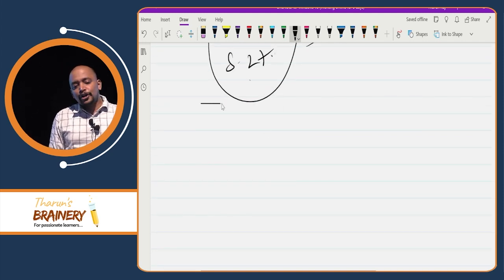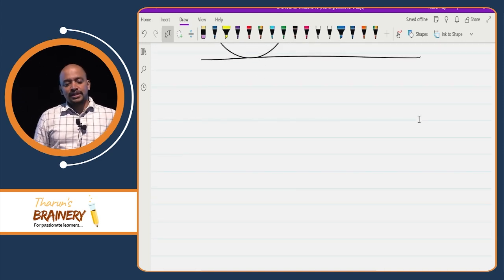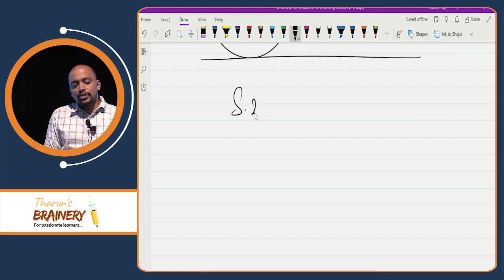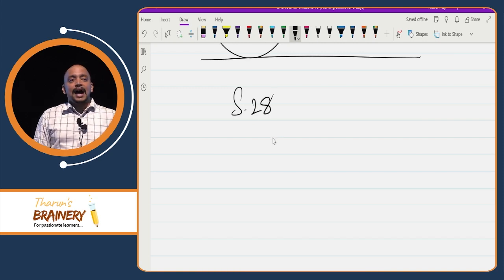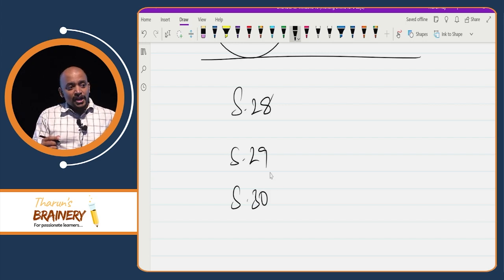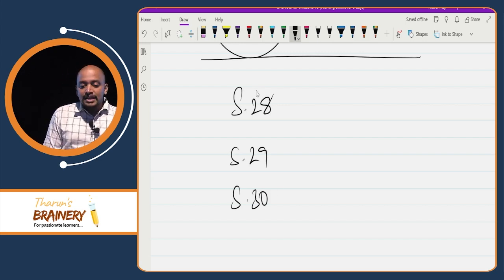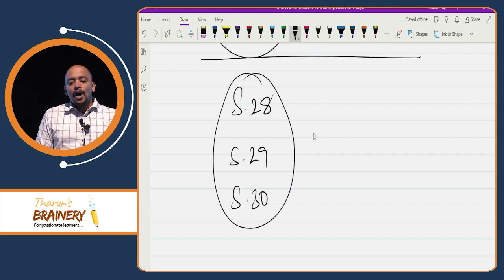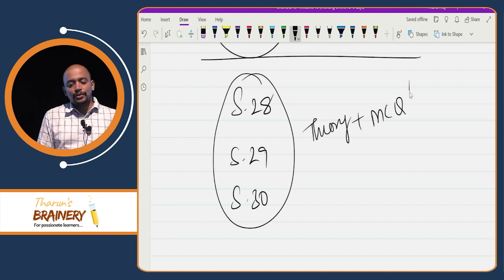Now, we are moving on to the next three sections, that is section 28, amendment in registration. Section 29, cancellation of registration. Section 30, revocation of cancellation of registration. These three sections are useful for theory type questions plus MCQs, okay.